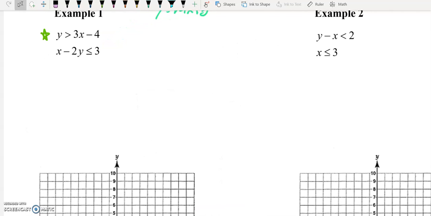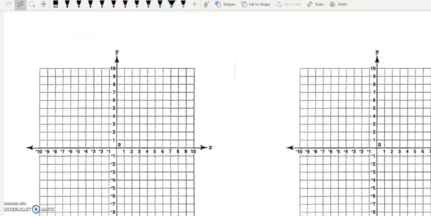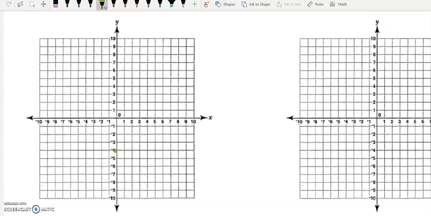So when we're looking at the first equation here, I'm going to label this as my green equation. The one thing that we do know is that the y-intercept is going to be at -4, and our slope is 3/1. So I'm going to go ahead and graph that, and I'm going to start at -4. I'm going to go up 3/1, up 3/1, and repeat this process all the way up.